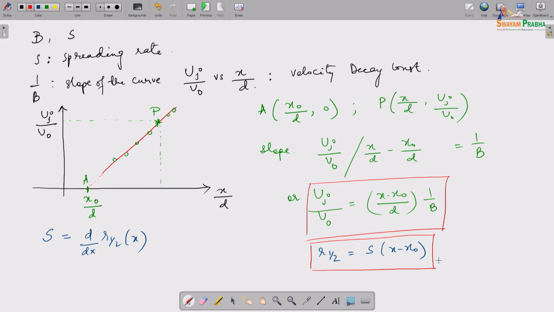So when I drew this, what we are saying is that uj by u naught with respect to x by d is self-similar.